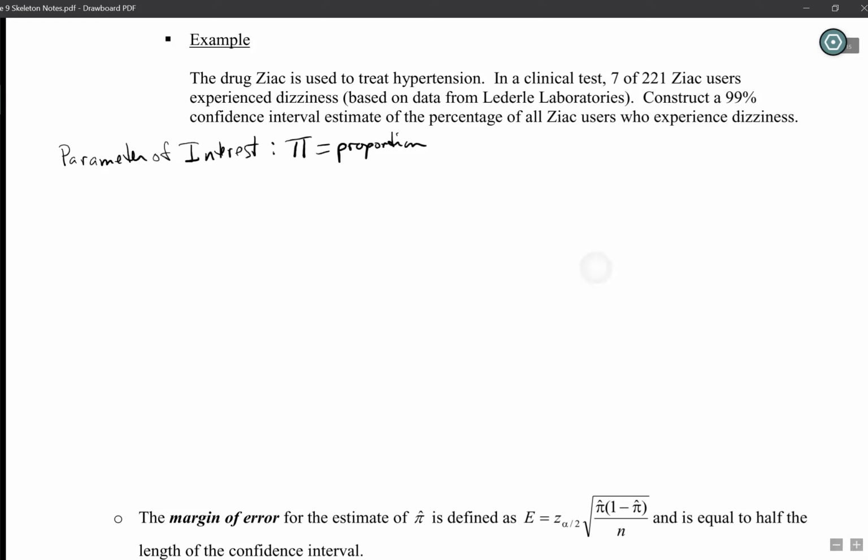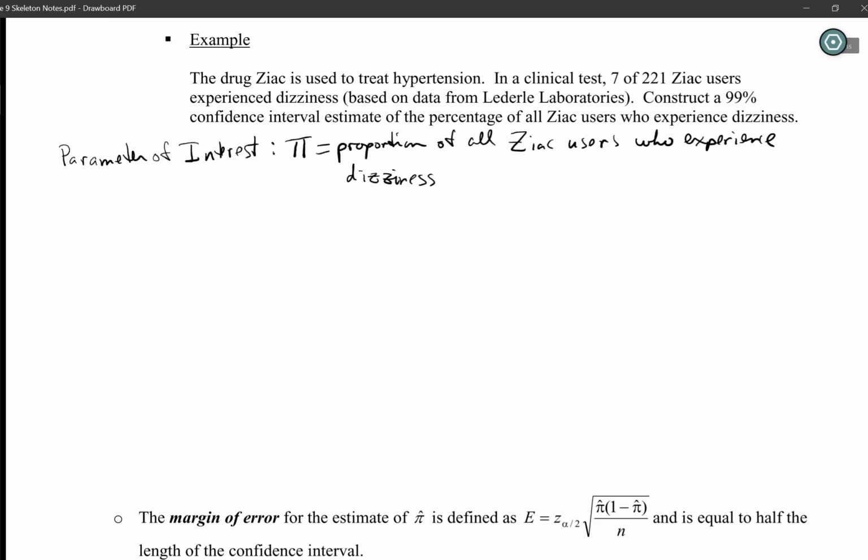Pi is the proportion of all ZIAC users who experience dizziness. And we want to say something about that proportion. If you worked for the FDA, or for the company that made this drug, you would want to say something about this underlying proportion, as it references a side effect of this drug.